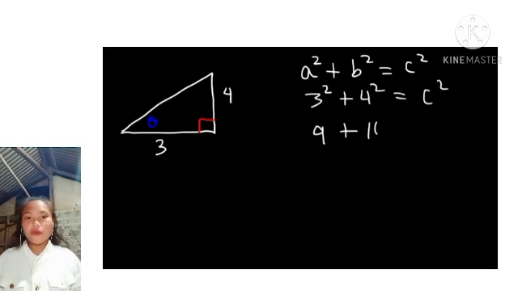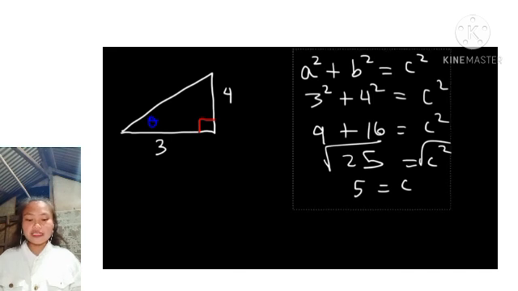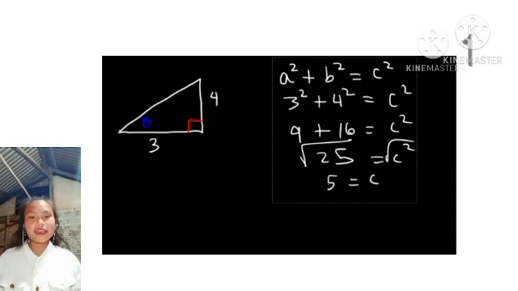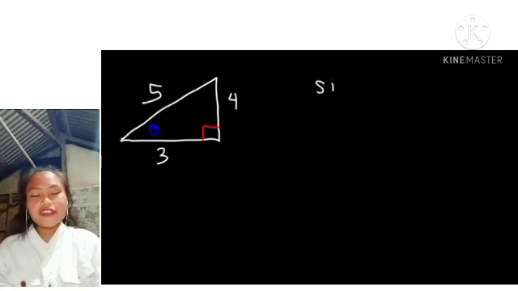So 3 squared is equal to 9, 4 squared is equal to 16, and 9 plus 16 is equal to 25. If we take the square root of both sides, you can see that the hypotenuse is 5.